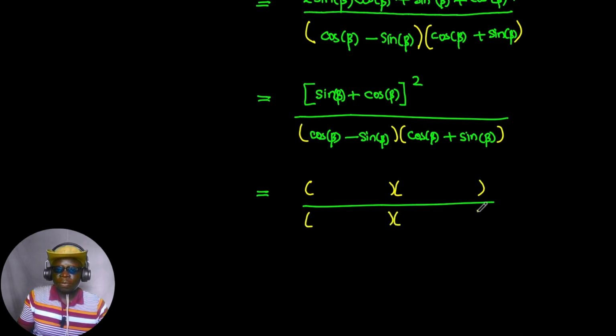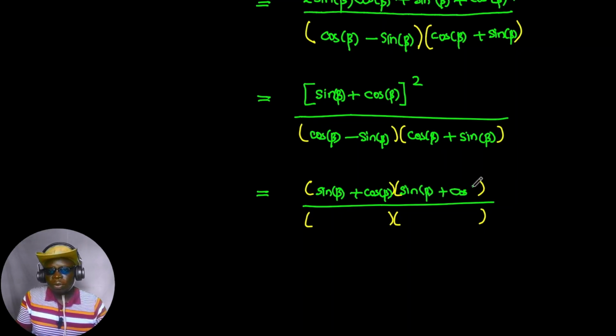So we're going to fill in these brackets with sine of beta plus cos of beta and sine of beta plus cos of beta. Then down here we can write cos of beta minus sine of beta.